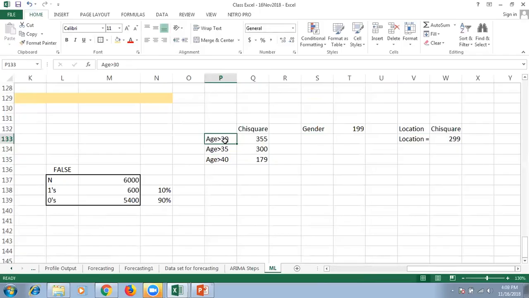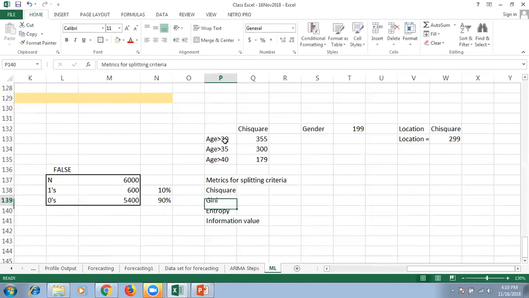Are you able to follow me? How the split has been chosen? Okay, so there are other metrics for splitting criteria besides chi-square. There is another metric like Gini, another metric like entropy, another metric like information value.